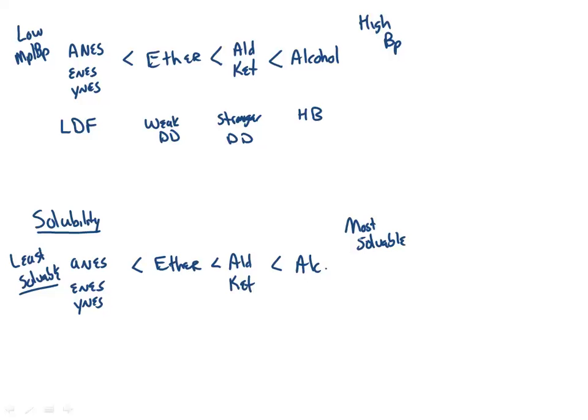What do we have to factor in here, though, that's different between solubility and melting point and boiling point? What's the one difference sort of between them? Meaning the trends are pretty much the same. Things that have low melting points and boiling points also tend to be the least soluble compounds too, because they only have LDF attractive forces holding everything together.